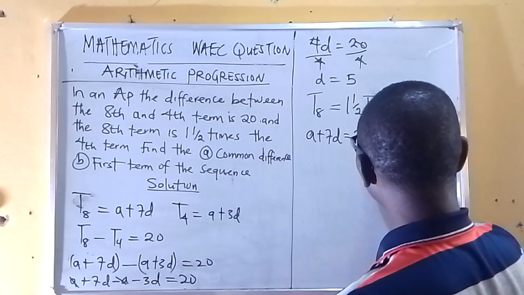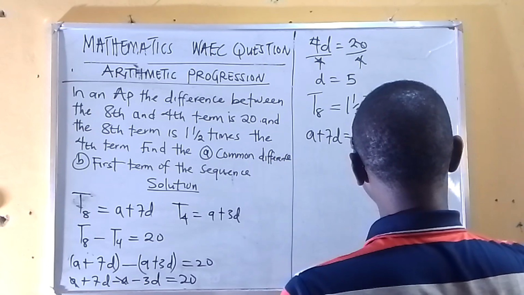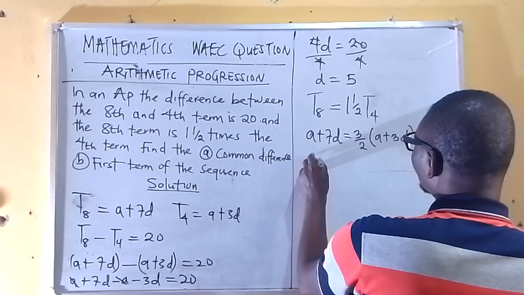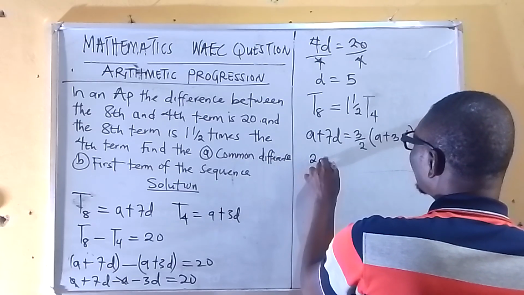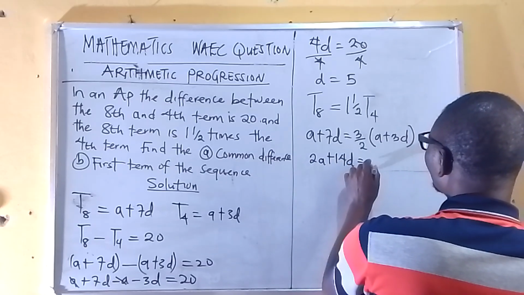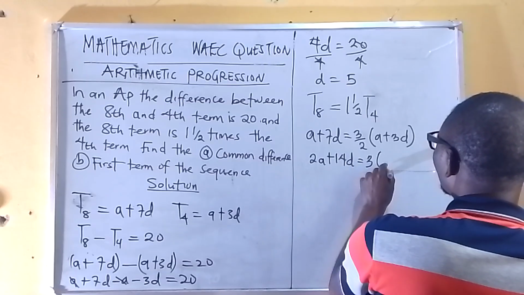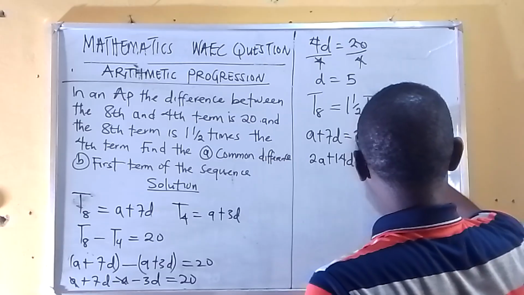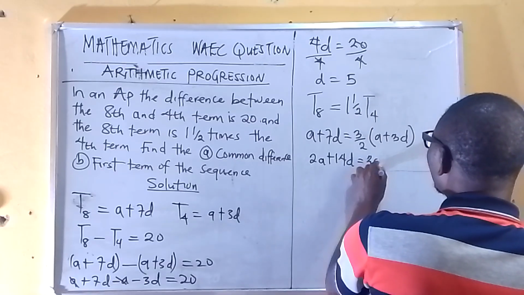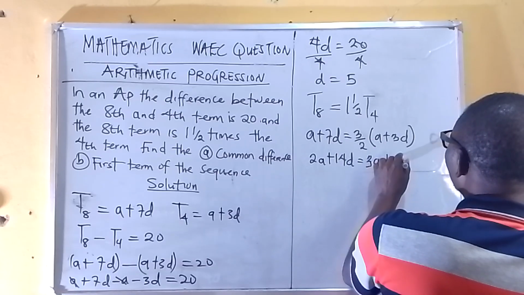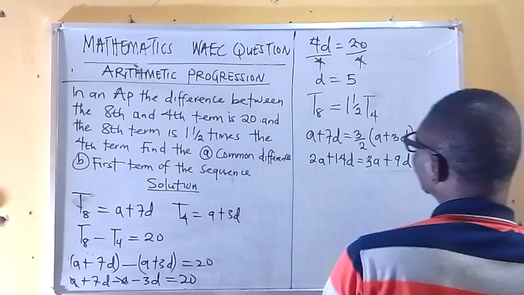Here, I can simplify this by clearing this fraction. So to clear this fraction, I'll multiply all through by 2, that is both sides by 2. So if I multiply by 2 here, I'm going to have 2a plus 14d is equal to 3 times a, which gives me 3a, plus 3 times 3d, which gives me 9d.